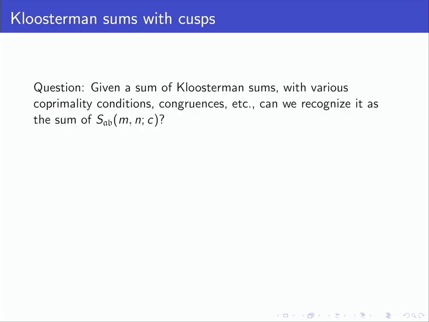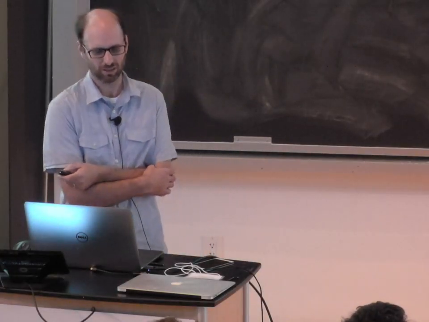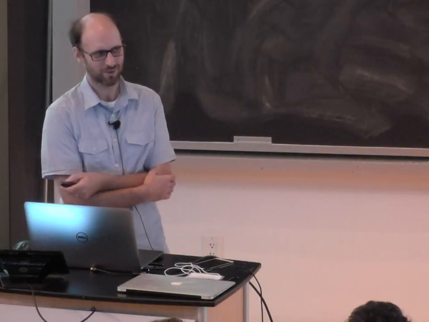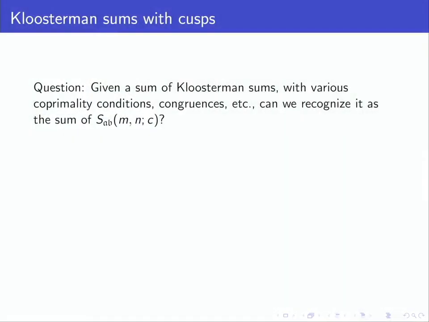Okay, so now here's a question that is sort of an annoying thing. If you're given some sum of Kloosterman sums and you want to apply the spectral theory to it, you have to recognize it as something to which you can apply the spectral theory. So you have to recognize it as an S_{ab}(m,n;c), or maybe a sum over cusps or something like that.